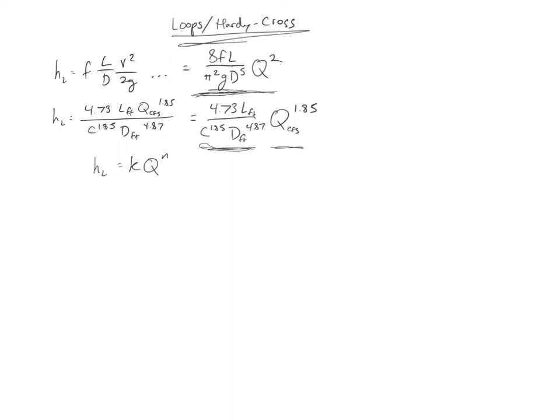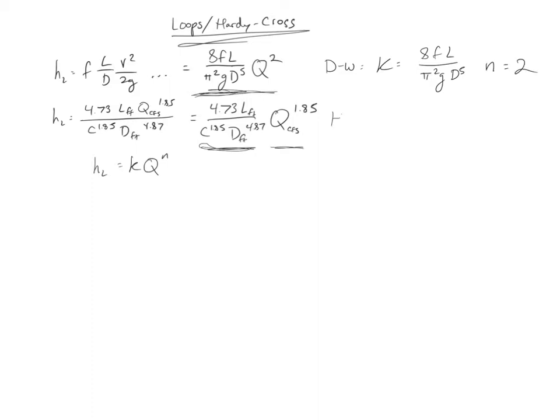So if I'm using Darcy-Weisbach, then K is equal to 8FL over pi squared g D to the fifth, and n equals 2.